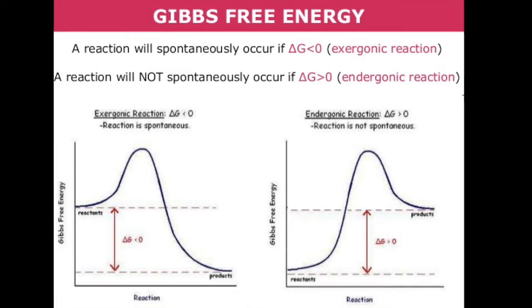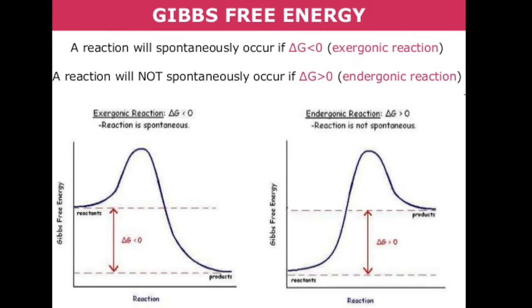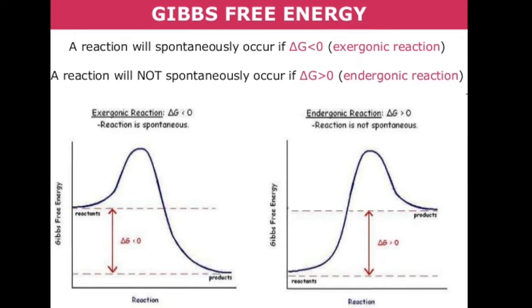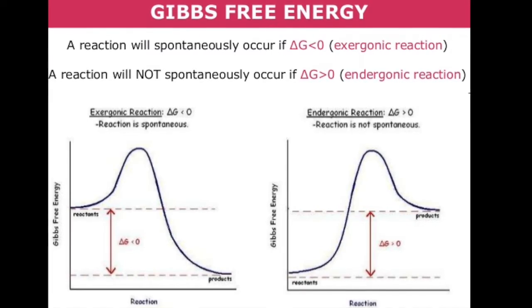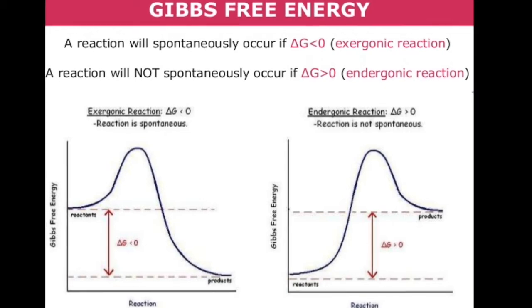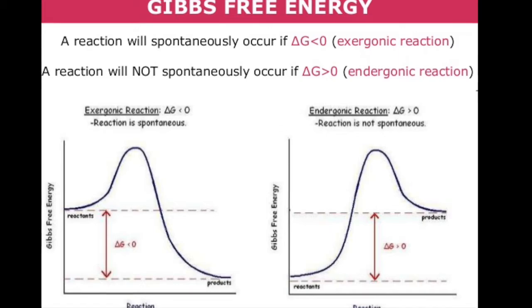Now, looking at the graphs, we should see a couple new terms on here, exergonic and endergonic. First of all, exergonic is just saying that free energy is released from that reaction. So it is exiting the system, looking once again at those roots like exocytosis, exit, exergonic, releasing heat.